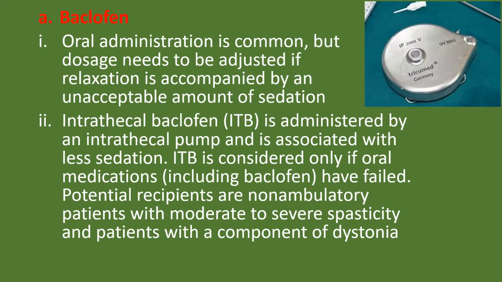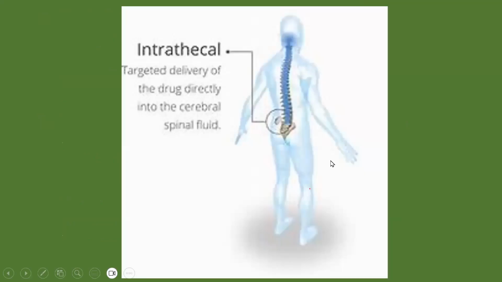And it is indicated in moderate to severe spasticity and with a component of dystonia. This is how we give it. We give it intrathecally, targeted delivery of the drug directly into the cerebrospinal fluid, as I mentioned.